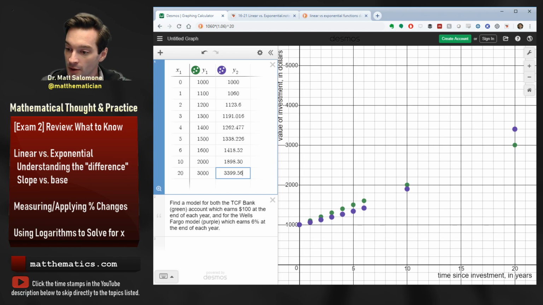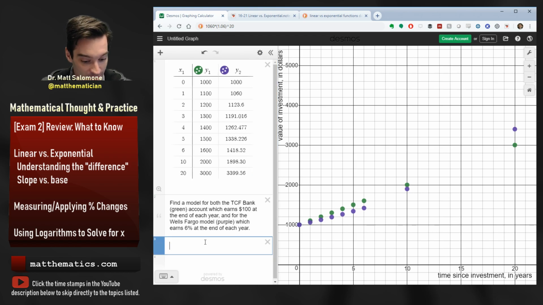Okay. So if you wanted to know where those numbers come from, just continue that same process of just multiplying by 1.06 over and over and over again. Ultimately, we're going to make a formula that will do that work for us without all of that intermediate work. But for now, let's just imagine that that's what I did. I just multiplied by 1.06 enough times to get me from the 6th year to the 10th year, and then from the 10th year to the 20th year.